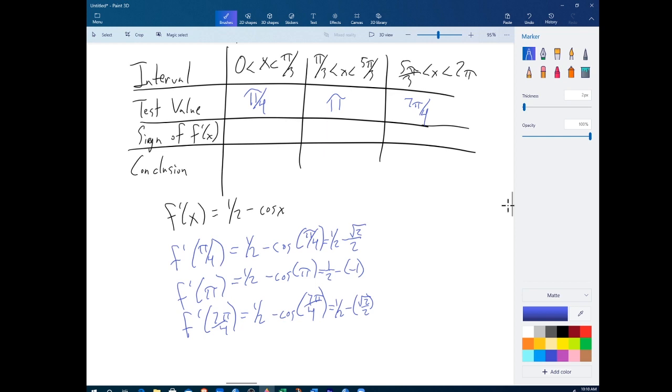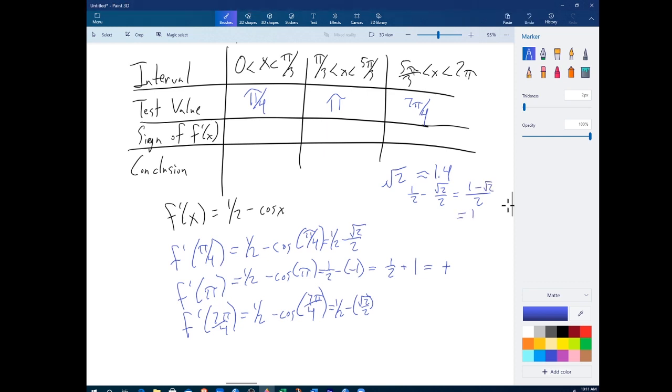Alright, now here, this one's going to be the easiest one to solve. 1/2 minus a negative gives me a plus. That obviously gives me a positive. I've used the square root of 2 enough to know that it's approximately 1.4. So if I have 1/2 minus the square root of 2 over 2, they have the same denominator. I can think of it like this.